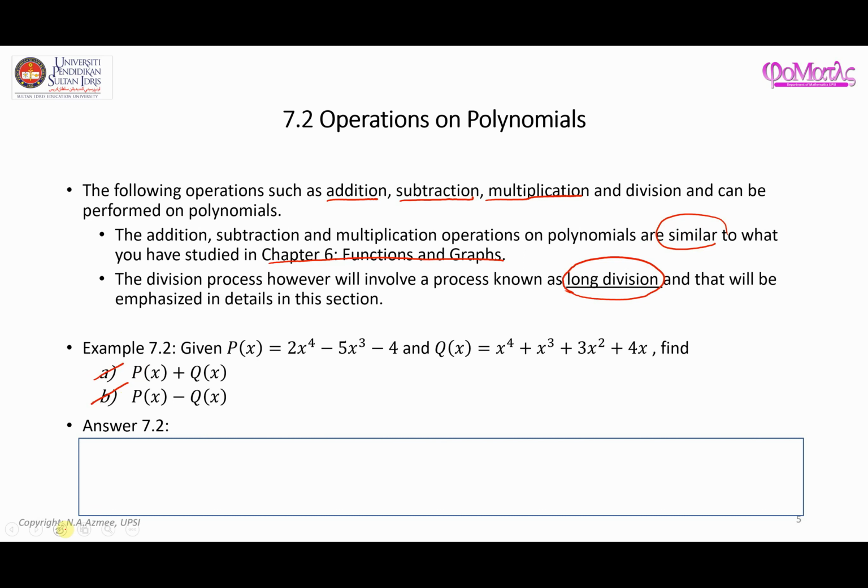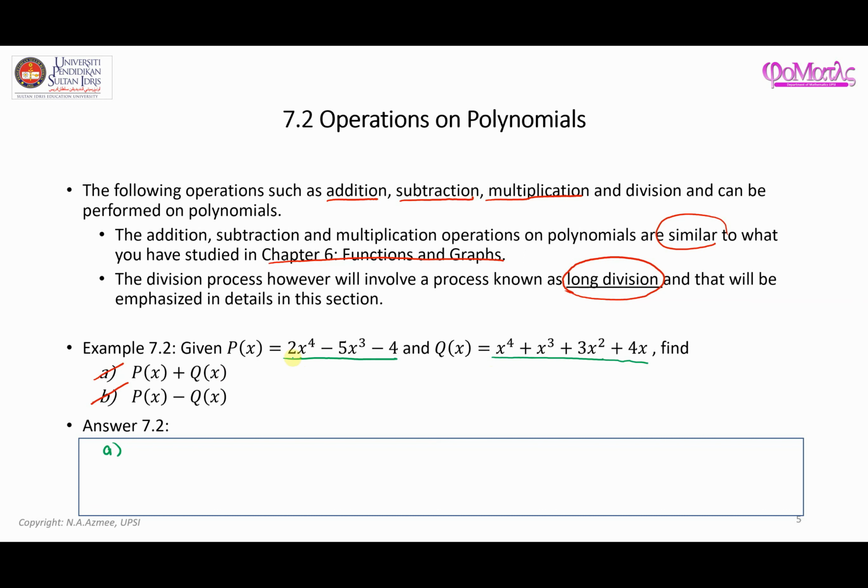Now for question A, we have p(x) plus q(x). What you need to do is group the different x terms with different powers accordingly.